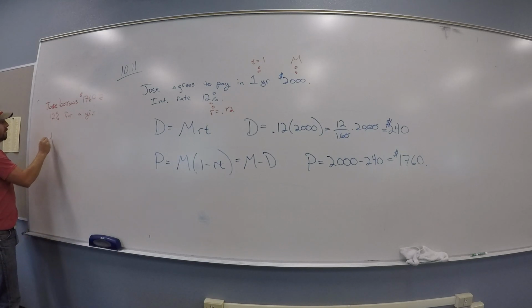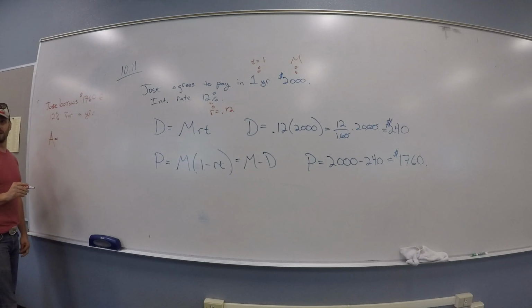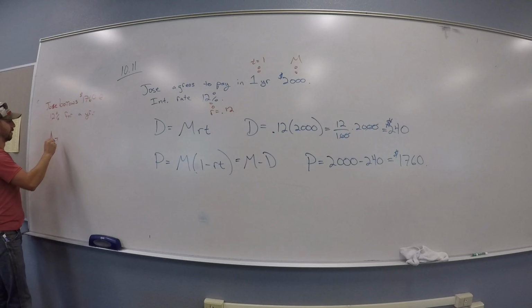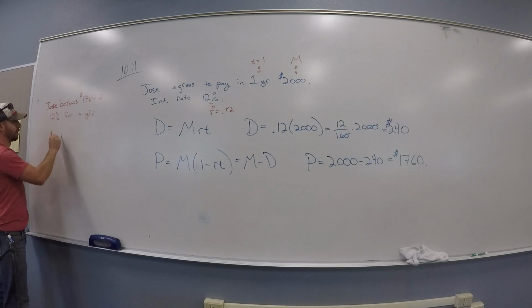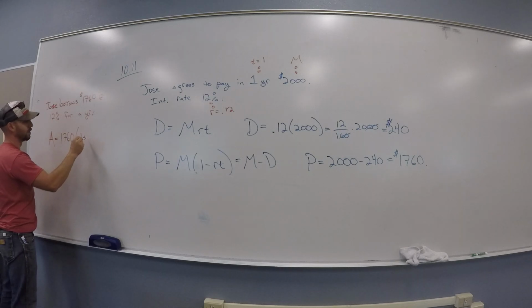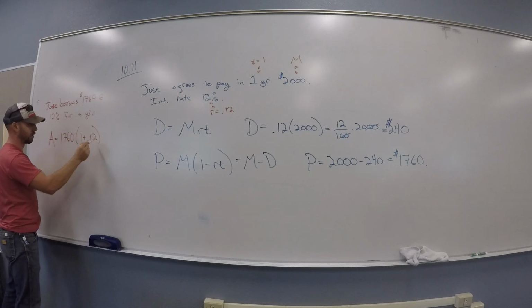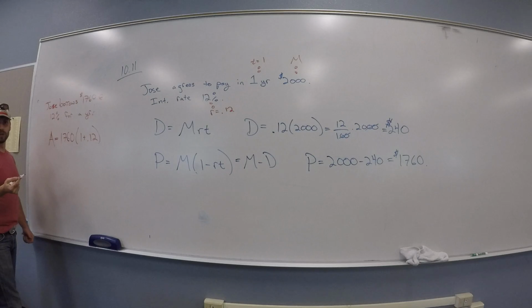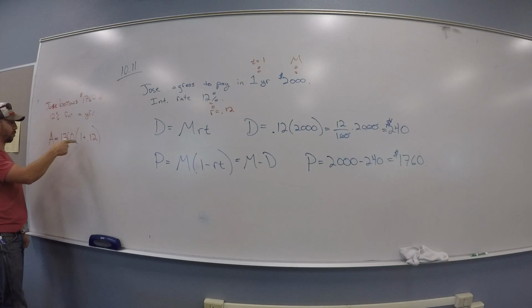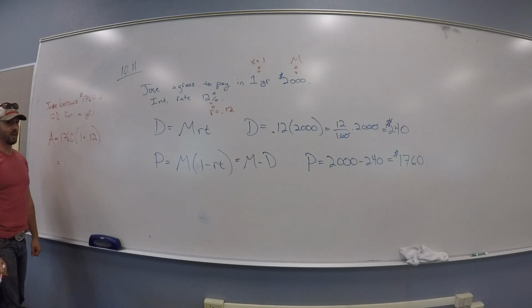So what's the amount that he's going to owe in a year? 1760 times 1 plus 0.12. Somebody hit me with a calculator. What's 1.12 times 1760? I bet you it's going to be about $2,000.